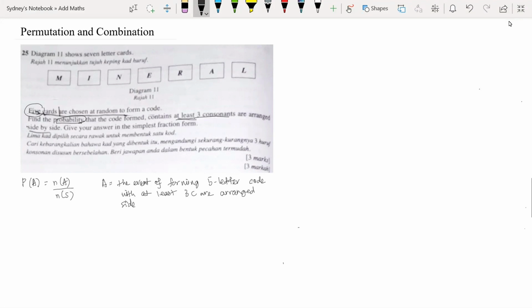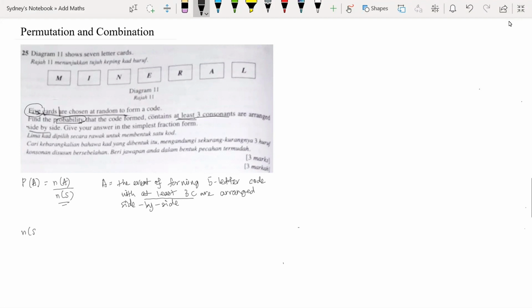So this is the event that we are looking at. We have to find out how many ways we can form these 5-letter codes with at least 3 consonants. Before that, we can find the n(S).